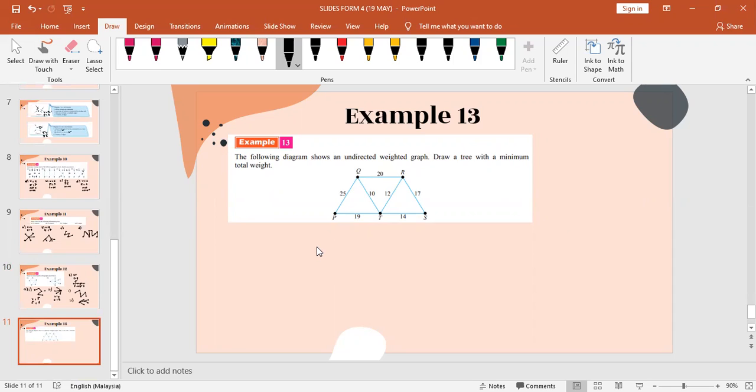Okay, so firstly, kita kena tengok dekat sini ada berapa vertices dan berapa edges dekat graph yang asal ni. This graph, how many vertices and how many edges?